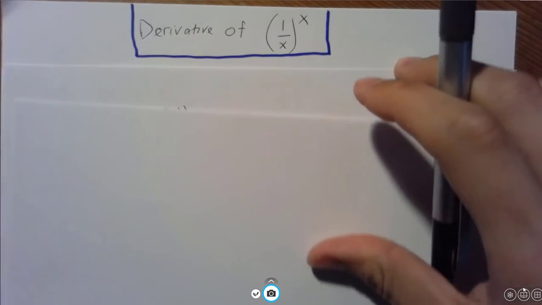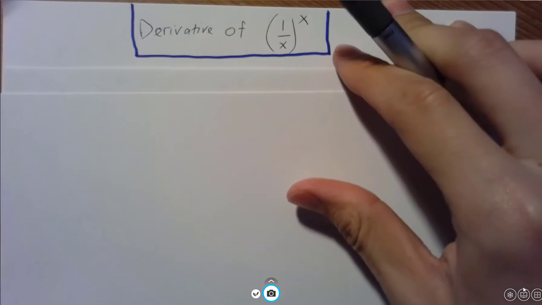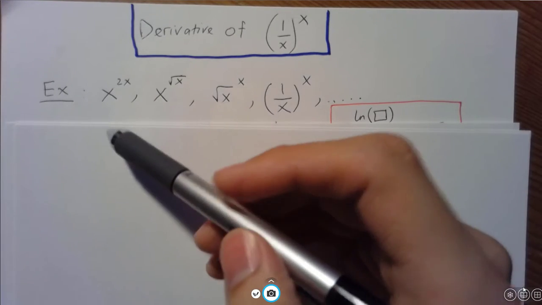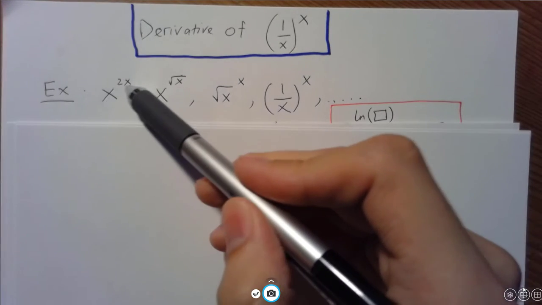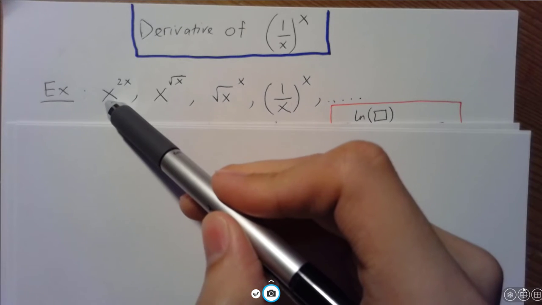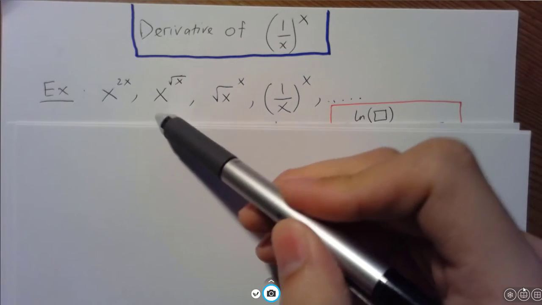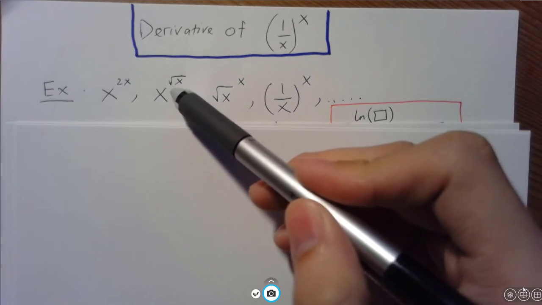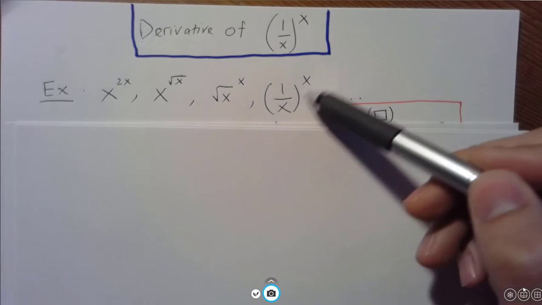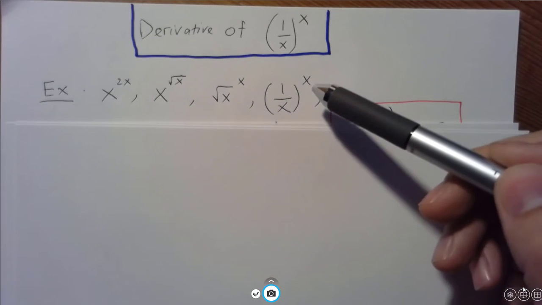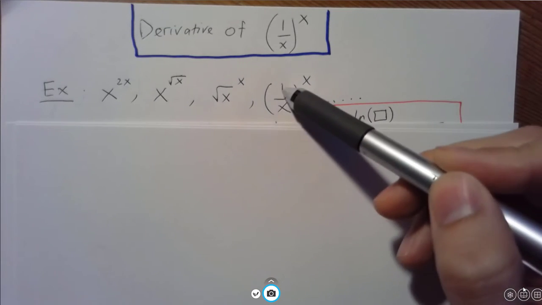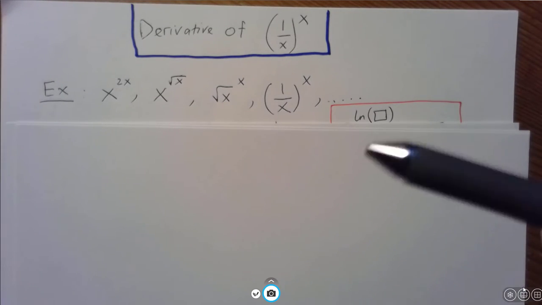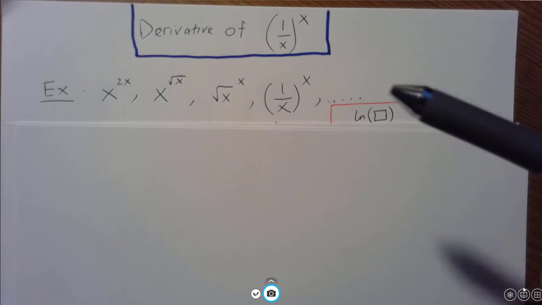A few other similar functions have x in both the base and the exponent: x to the 2x, and x to the square root of x, the same thing here, and also this one. Anytime the variable is on the base and also in the exponent, we cannot apply any of the rules that we just saw.